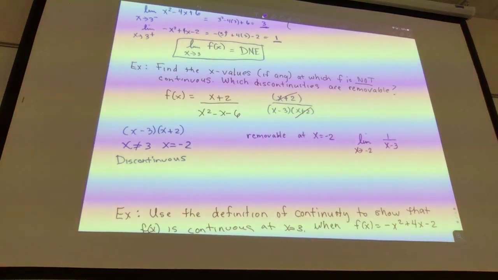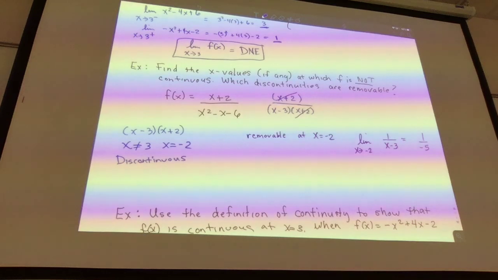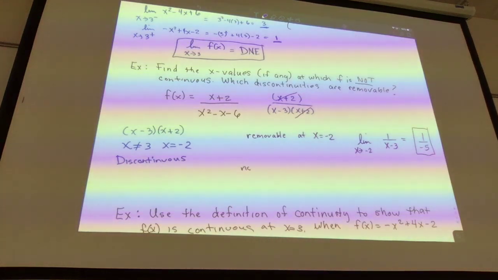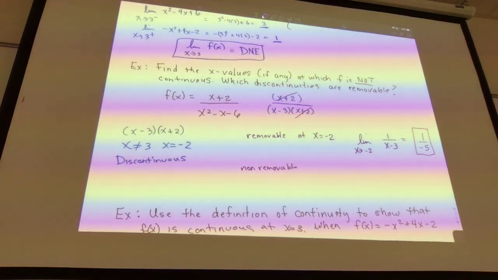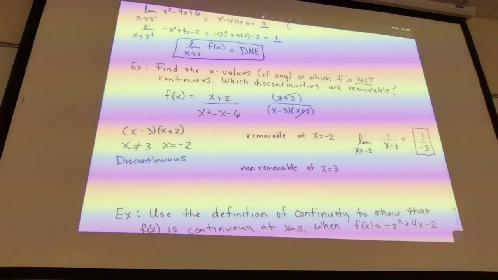So evaluate the limit there: 1 over negative 2 minus 3, or negative 1/5. We have a non-removable at what? 3. x equals 3. Good.